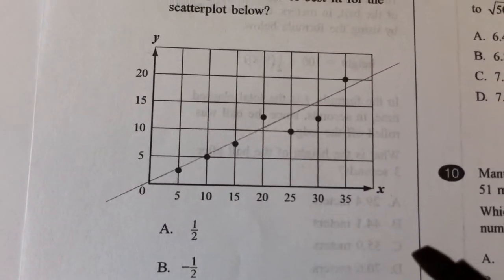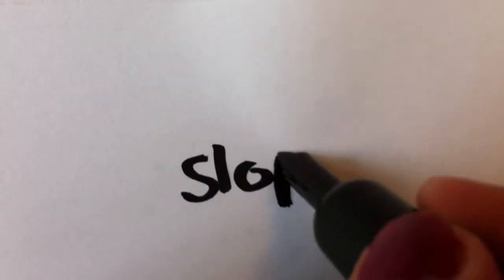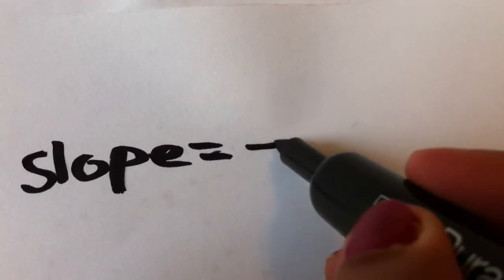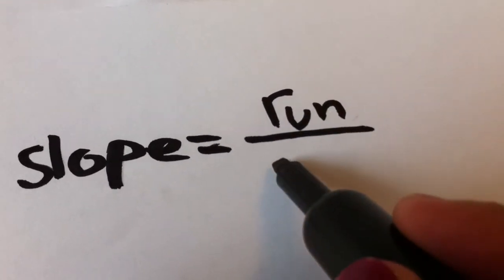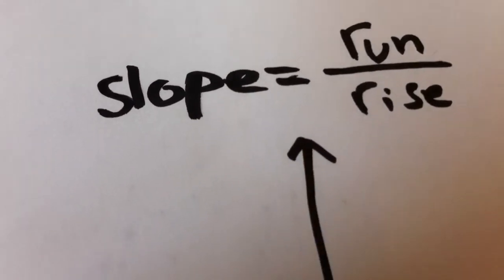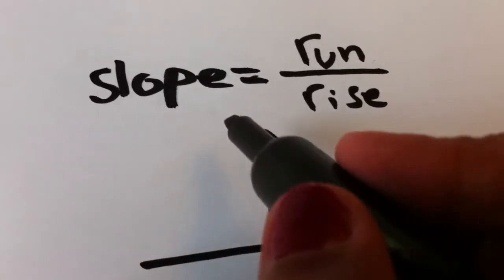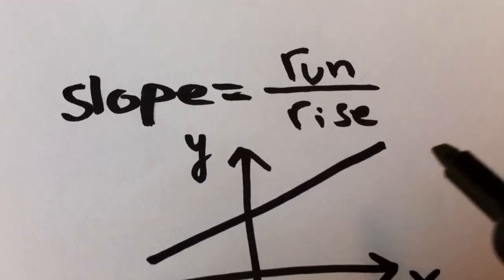The second thing to do, we just want to find what's the slope of this line, right? So the slope of the line is equal to rise over run. So if we have a coordinate plane, this is our x, this is our y-axis. We have a line like this, right?